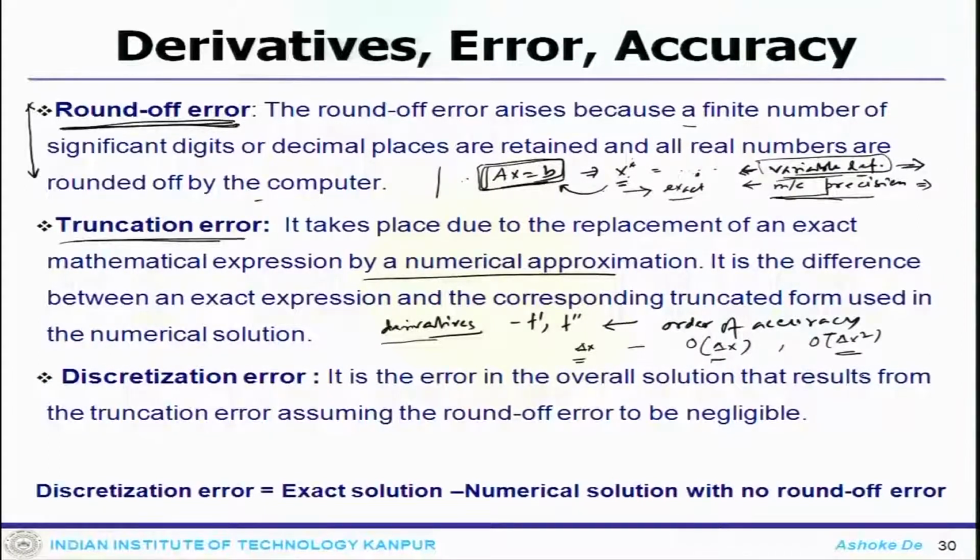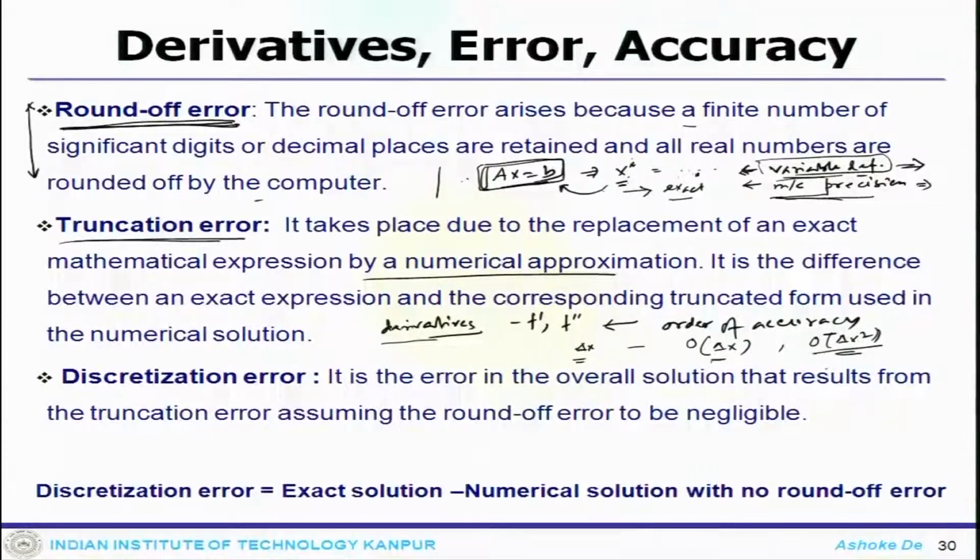If you have retained the higher order terms, then the leading order error would be less. If you have removed the higher order terms, then your order of the error would be high.